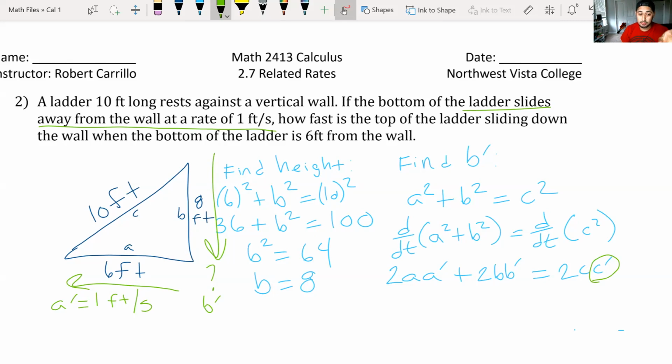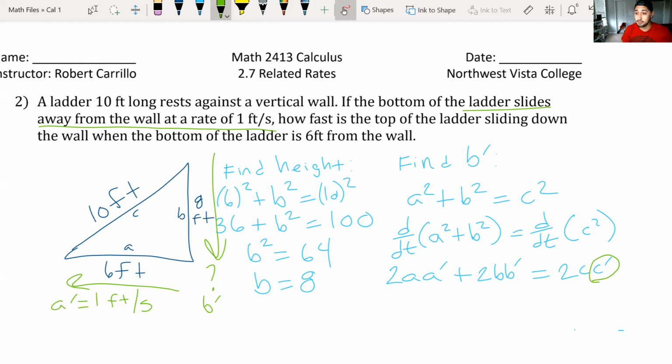If you don't know, C prime would represent the ladder changing its height. Well, if this 10-foot ladder is falling, when it hits the ground, it's still going to be 10 feet. So since the ladder is falling, it remains a constant 10 feet. This means that C prime must be 0.